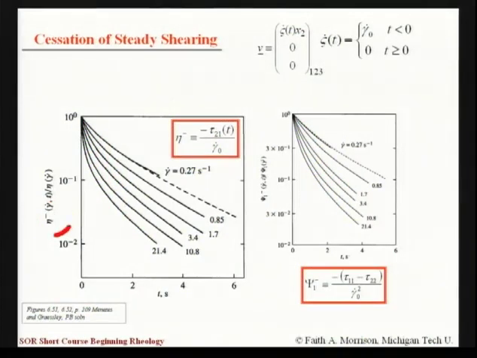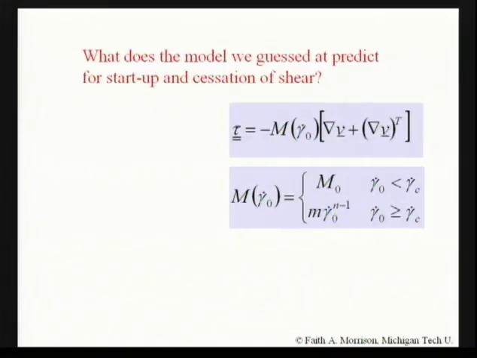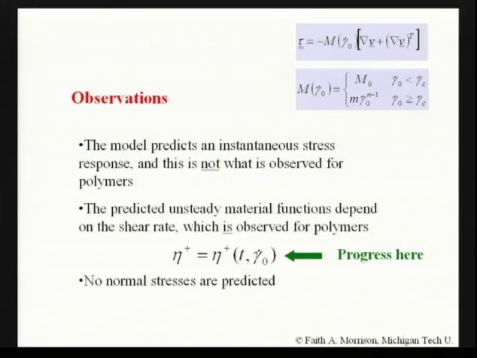The stress decay function as a function of time depends on the previous shear rate, and there is a first normal stress effect. What does our little fake model predict? Well, it's going to predict no first normal stress effects. So we made a little bit of progress with this one by fixing it up, by putting this fake function out front.